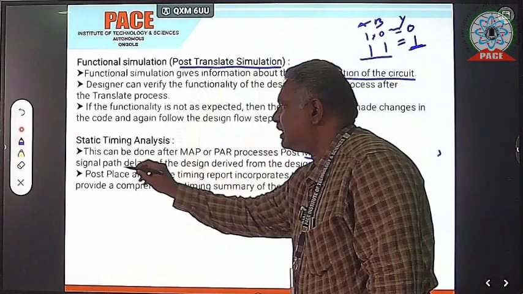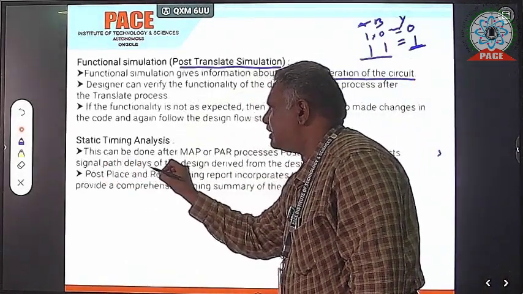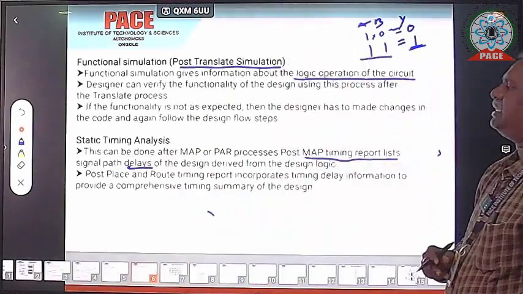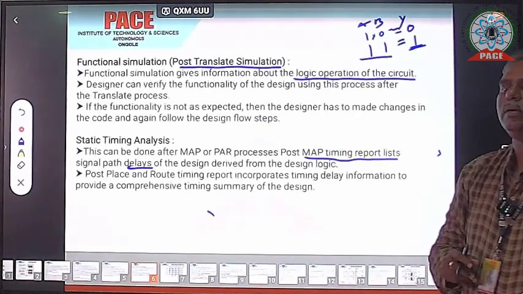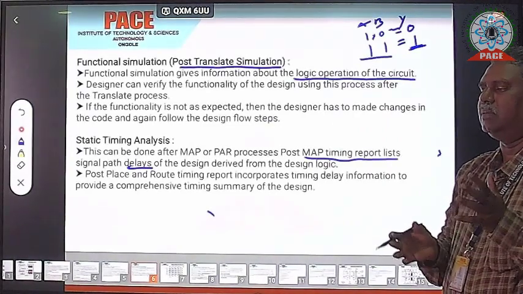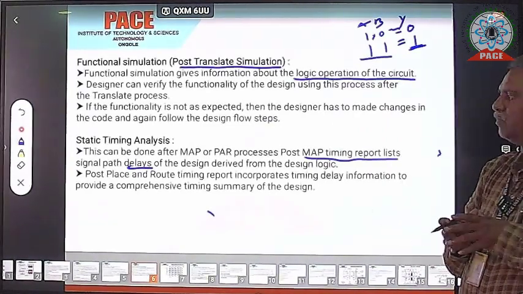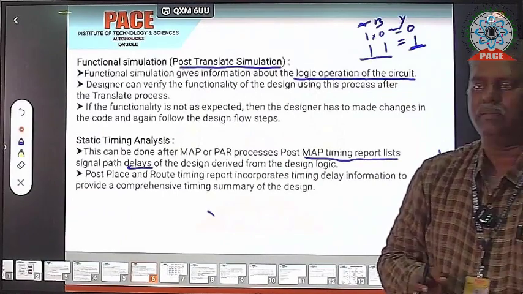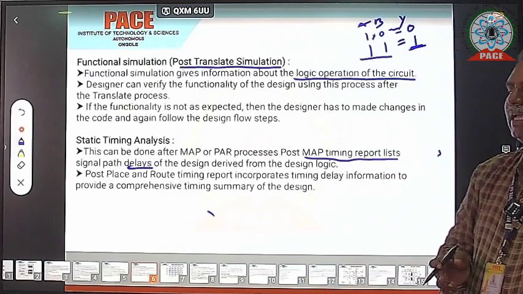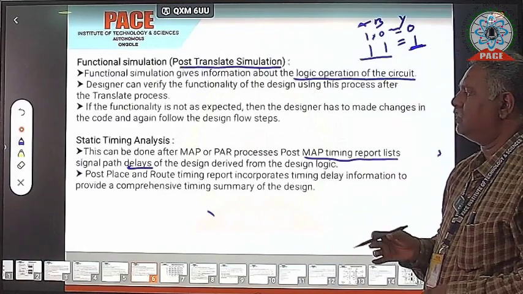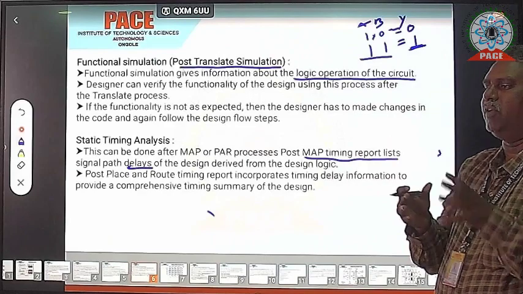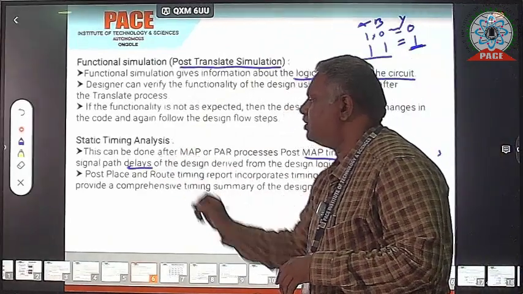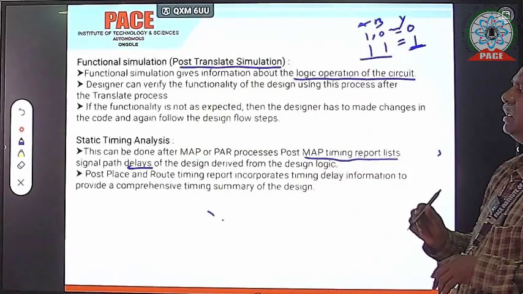These delays occur due to the implementation of the circuit. If more delay occurs, it consumes more time, and the design is going to fail. So we need to reduce the time, and to reduce the time, we ultimately need to reduce the delay. So static timing analysis is also a very important analysis.